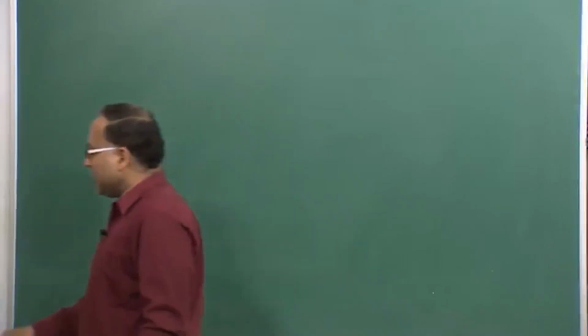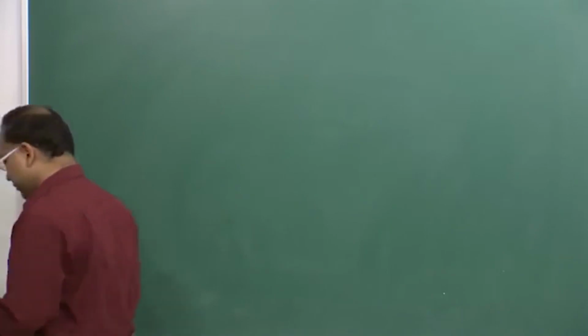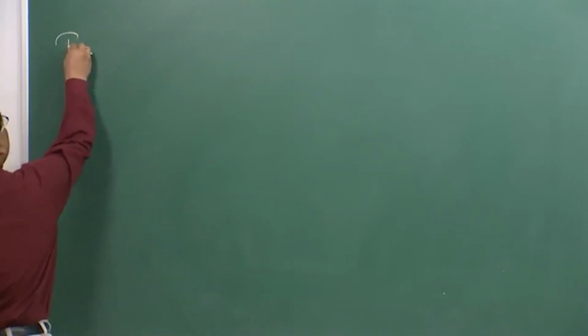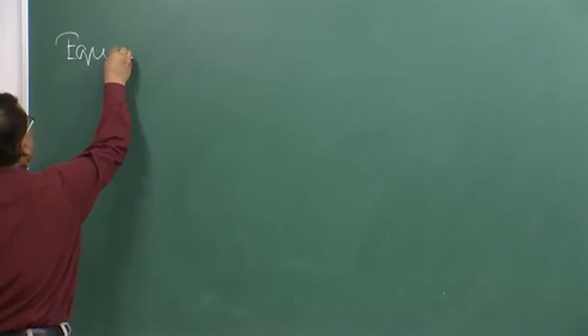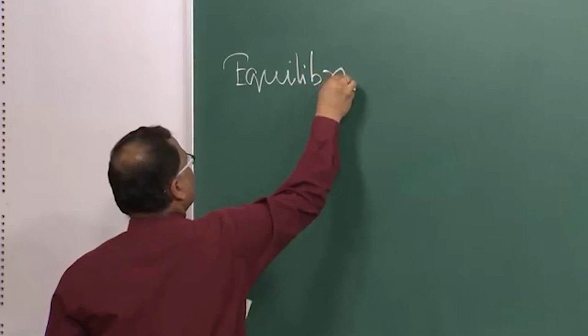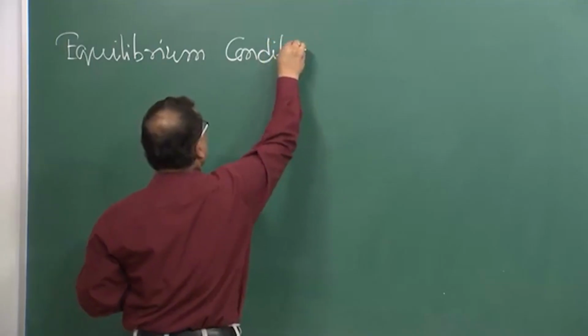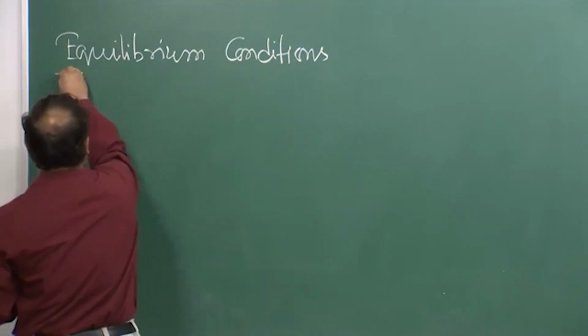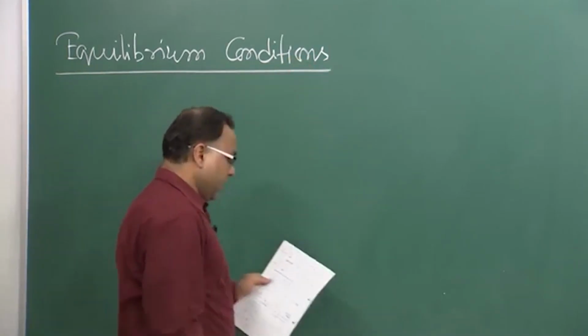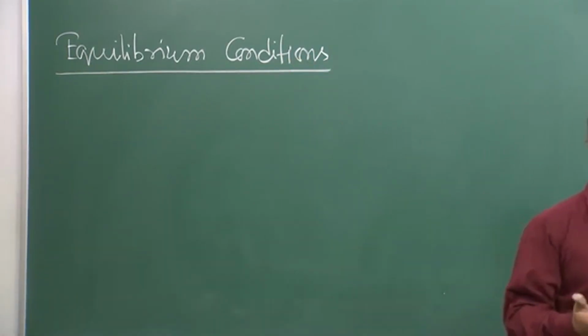Basically, the first thing we'll talk about is the equilibrium conditions. So this is one law. If I say my mechanical system or any system is under equilibrium, then what do we understand by that?